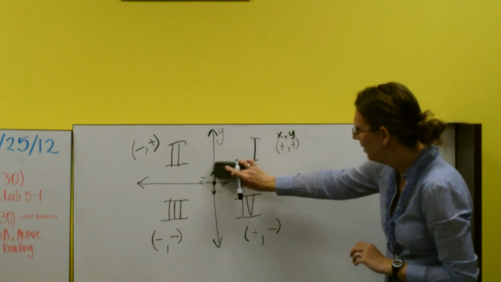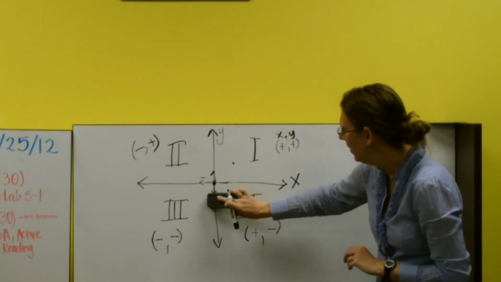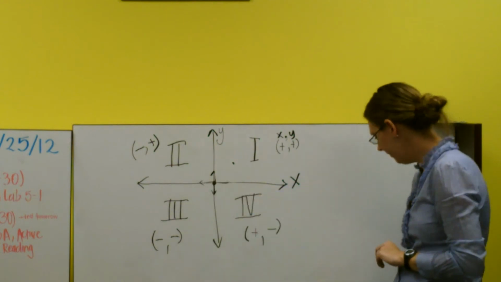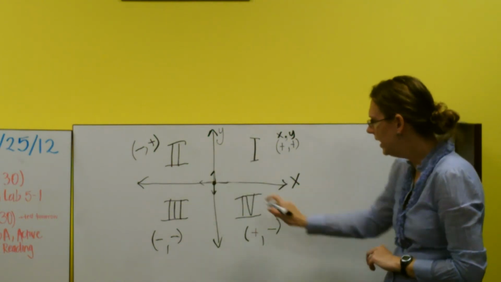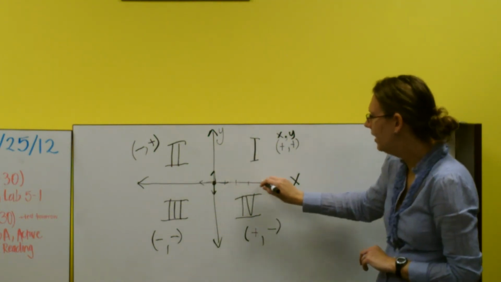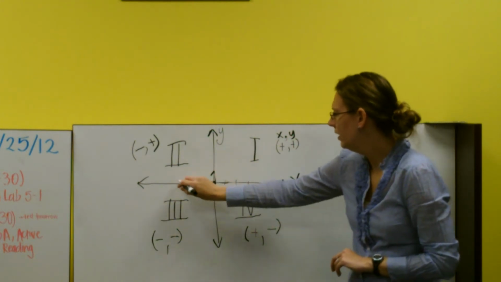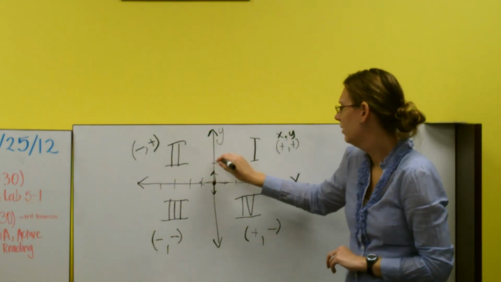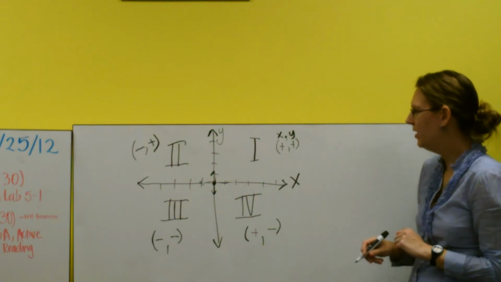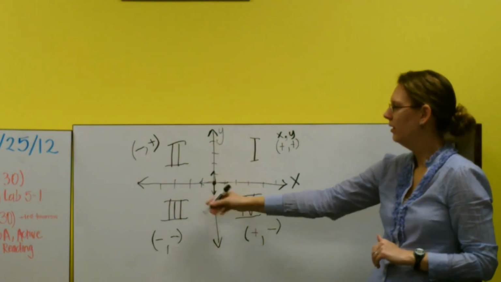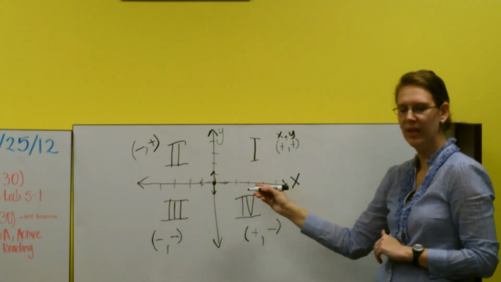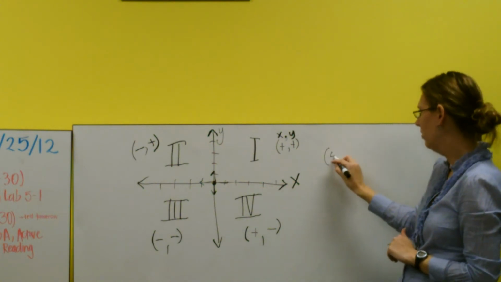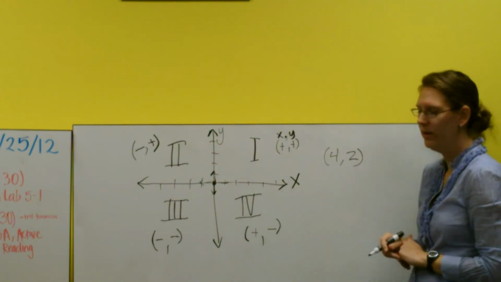Perfect. I'm going to erase these. Okay, 4, 2. So if we look here, and I've got 4, 2. Which way do I need to go 4 first? This way or this way? My point is 4, 2. Which way do I go first?